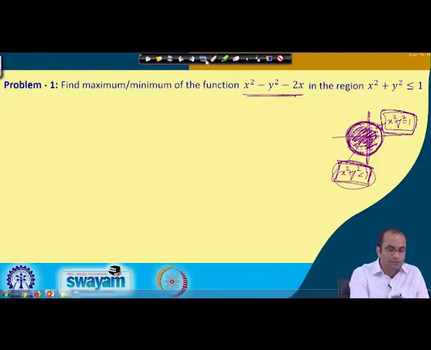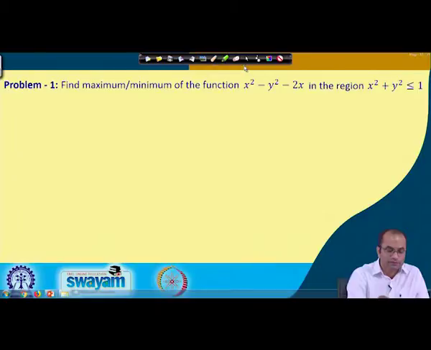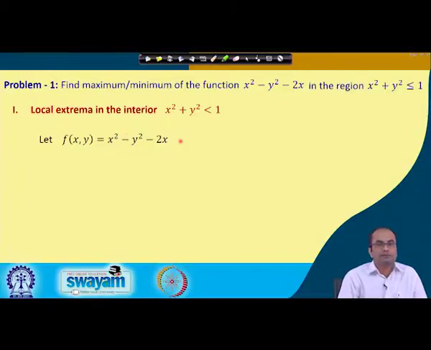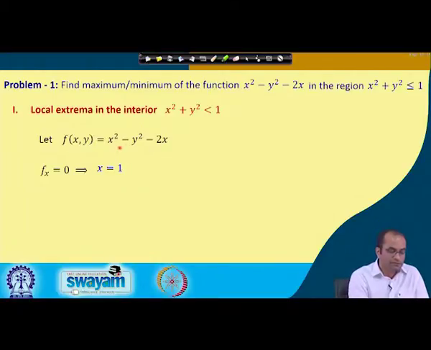So, let us move to the inside of the domain first. For the interior, that means x square plus y square less than 1, we do not have to use any idea other than what was discussed in the previous lecture. We have f of x, y equal to x square minus y square minus 2 x. So, f x gives us 2 x minus 2 equal to 0, so x is equal to 1, and we set f y to 0, so 2 y is equal to 0, which means y is equal to 0.